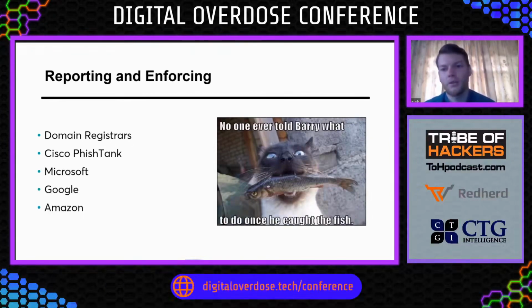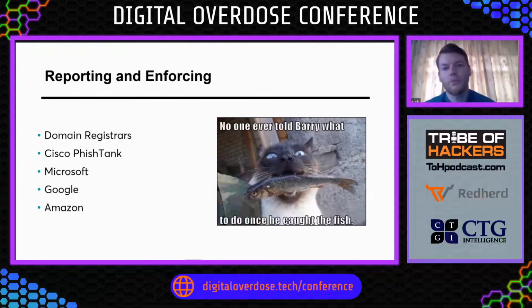You also can report to the Cisco Phish Tank and share with the community, the CyberSec and OSINT community, which is recommendable. Also in VirusTotal, you can report any URLs, any phishing emails.